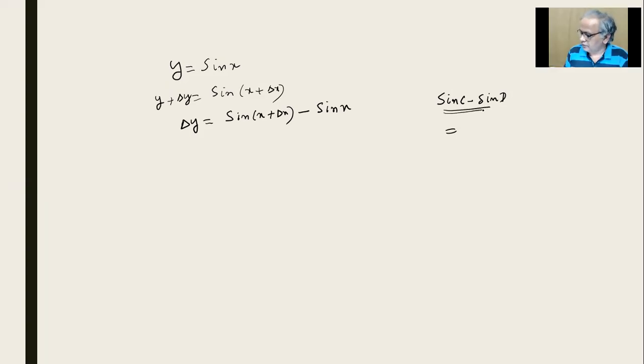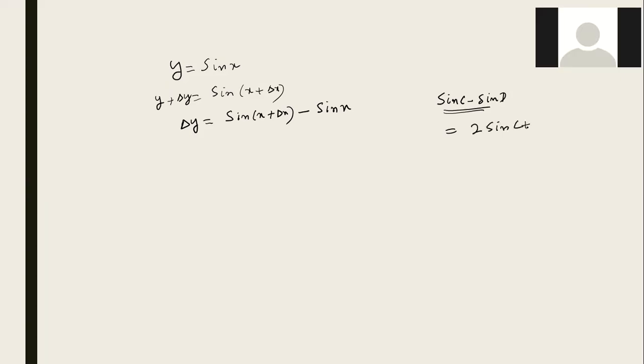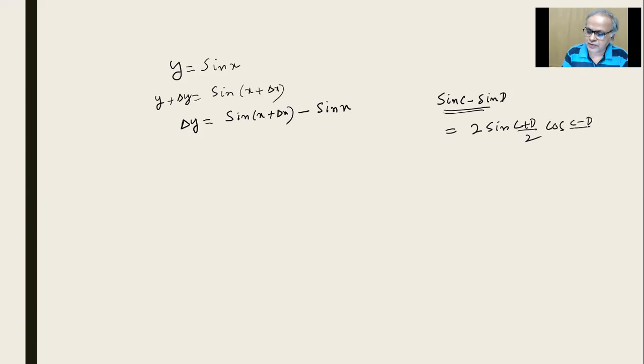Tell me, I'll write it for you. Sine C minus sine D is 2 sine of C plus D by 2 cos of C minus D by 2. That's why I was telling you to write, and that's why I did trigonometry first. Do you know?